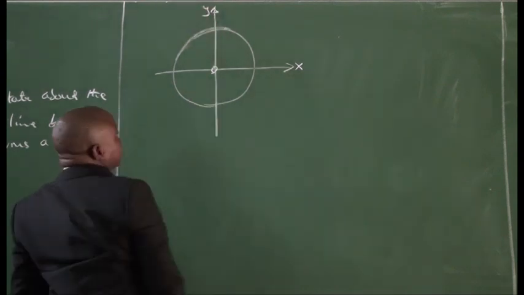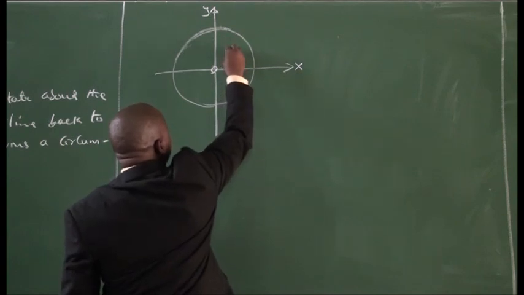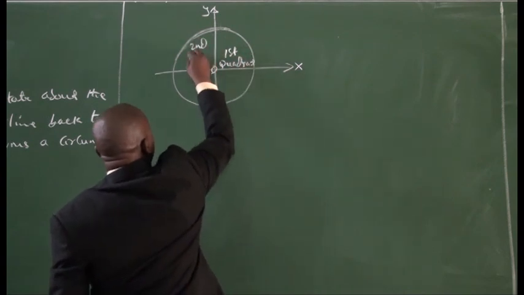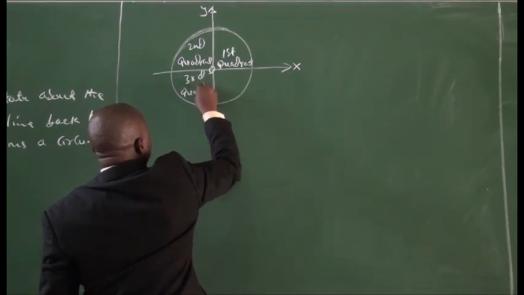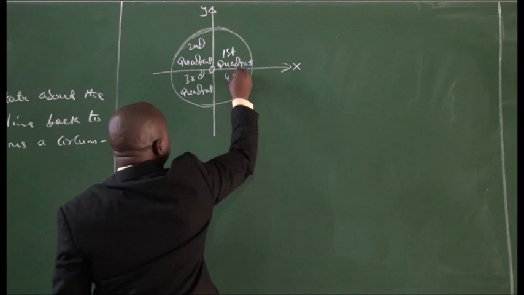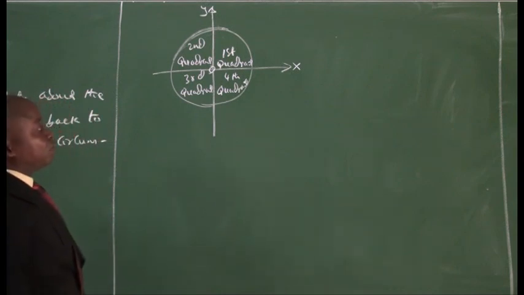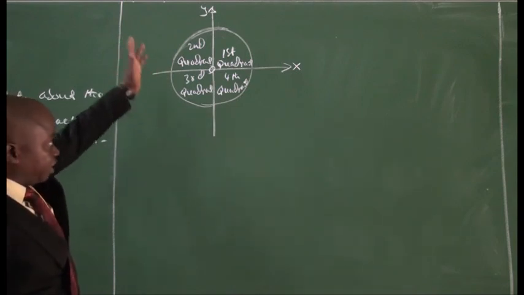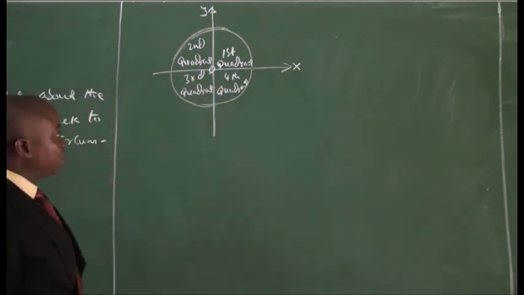This is the y axis. Now, this particular one is called the first quadrant. This is the second quadrant, this is the third quadrant, and this is the fourth quadrant. Look at that. So it has divided the circle into 4, where this is the first, second, third, and the fourth quadrants.